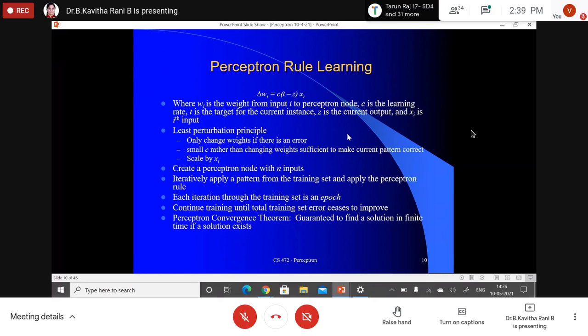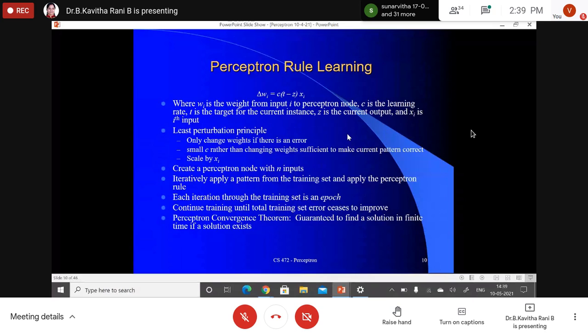First, we have to create a perceptron node with n inputs. Iteratively apply a pattern from the training set and apply the perceptron rule. To find the error rate, we just give the input values and the weights, and we execute that. We will get some output. Each iteration through the training set is an epoch. Epoch is nothing but one iteration.